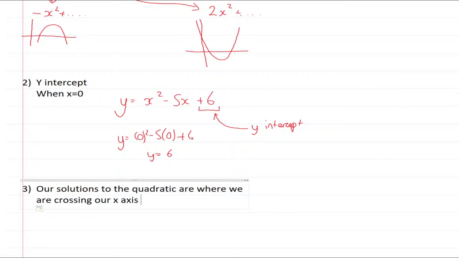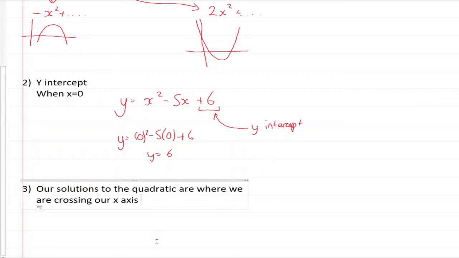Because if we make it equal to 0, what we're doing is we're making y equal to 0. And we know that when y is equal to 0, we're not moving up or down. It's where you're crossing your x-axis. Our solutions to the quadratic are where we are crossing our x-axis.